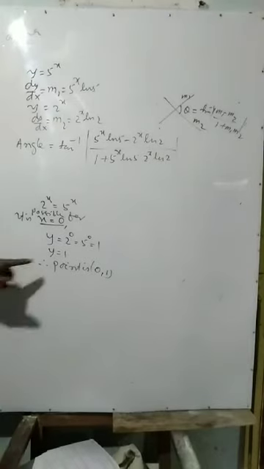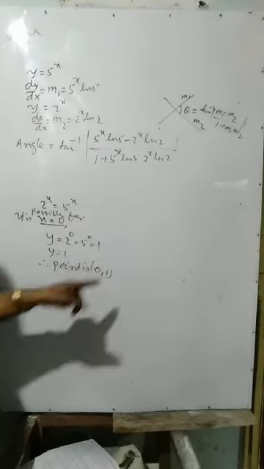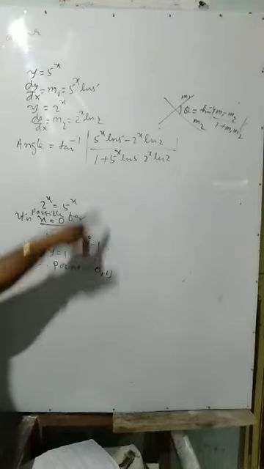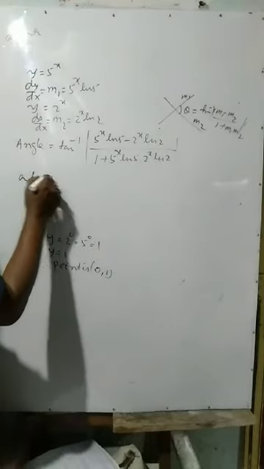But here the point is (0, 1). Instead of x you put 0, and where there is y you put 1.